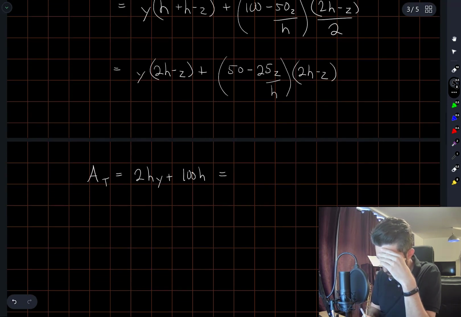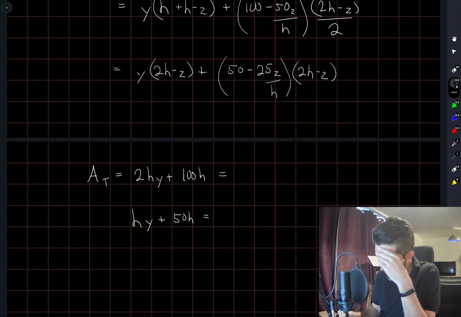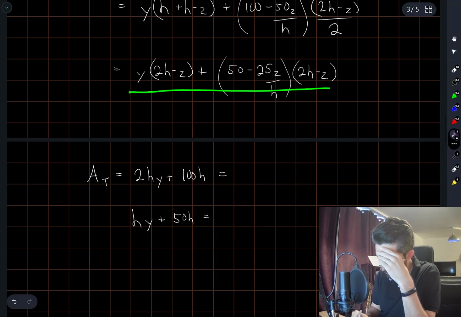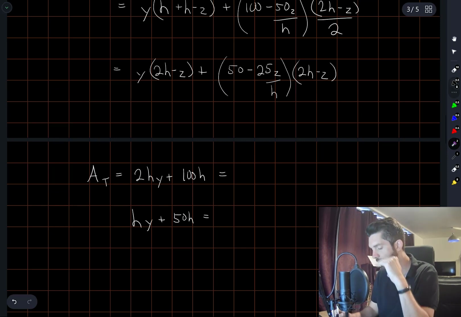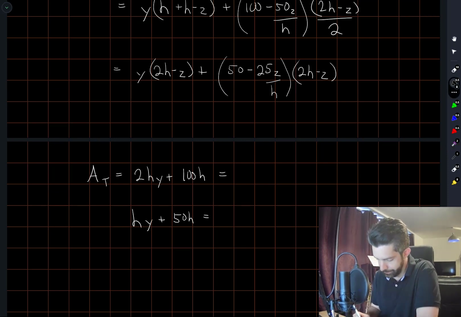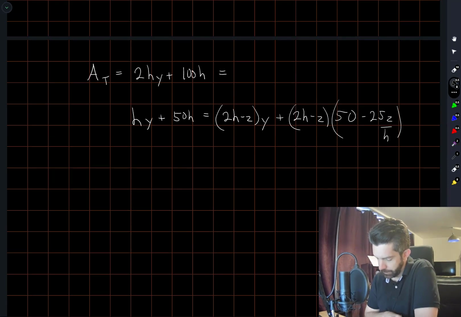So in fact what I'll do is I'll say that hy plus 50h, this is half the total area, has to be equal to this. That's what dictates the vertical position of that yellow line. What I think I'll do is I'll factor h out of everything.